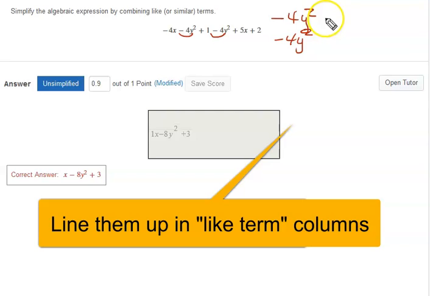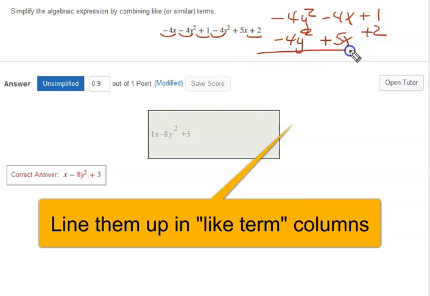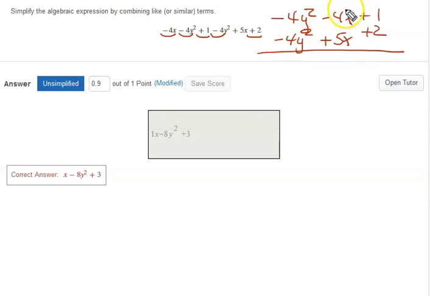Now I have here a negative 4x and a positive 5x. And then here I have a 1 and a 2. So I now have them all in like term columns. So I add this up. I get a negative 8y squared.